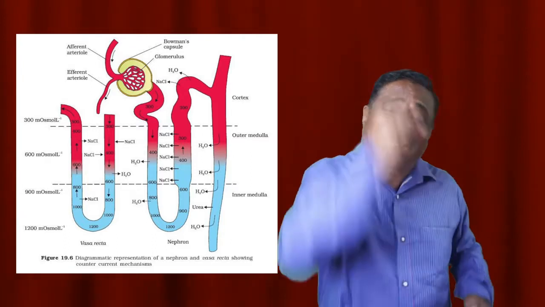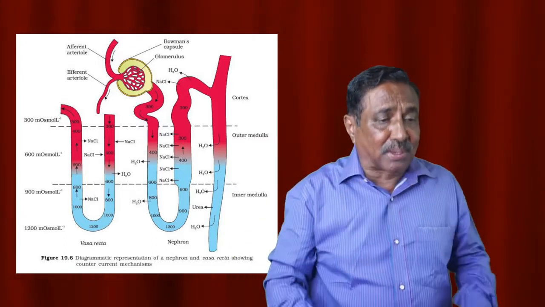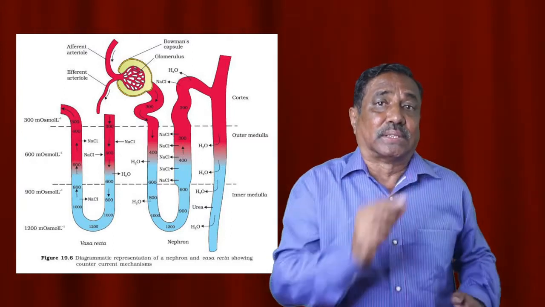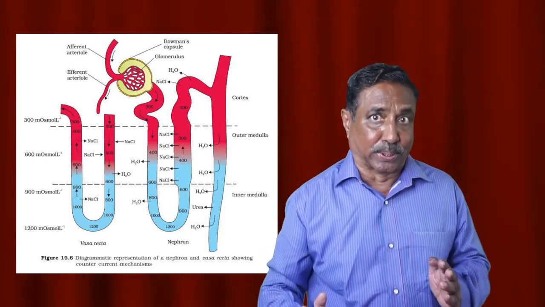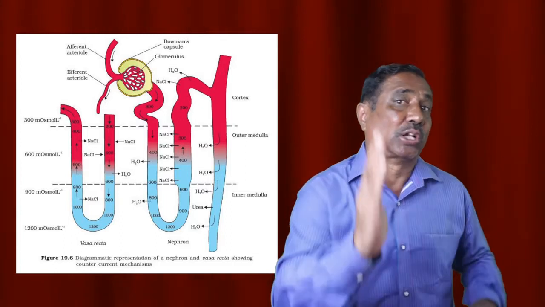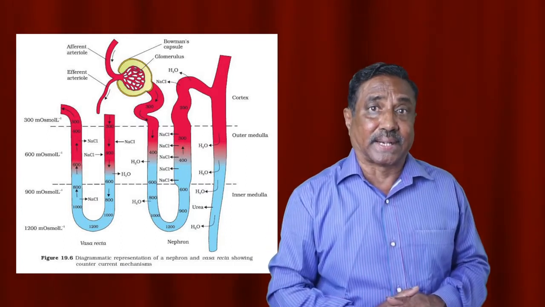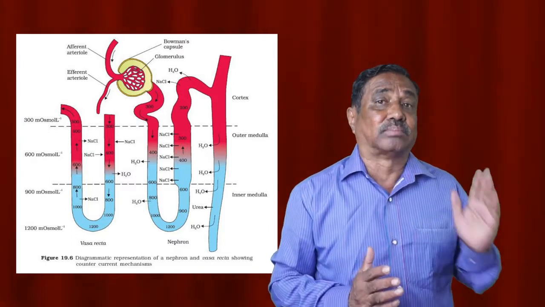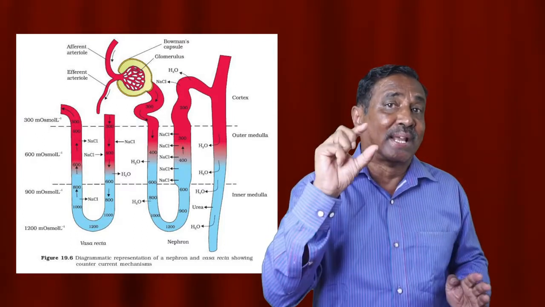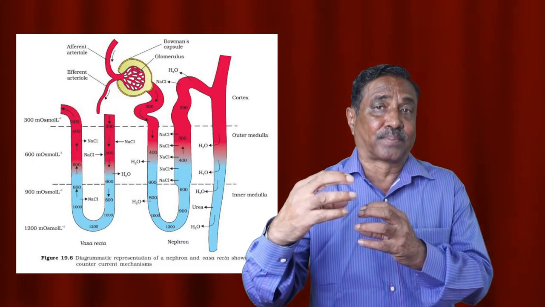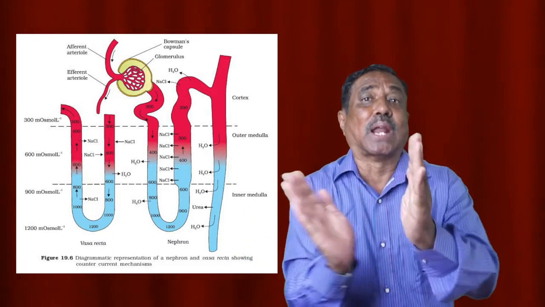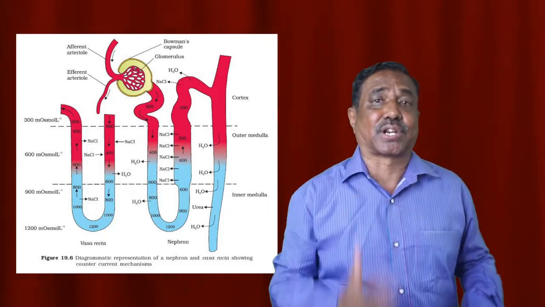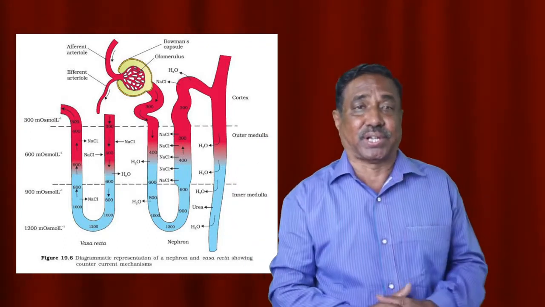Juxtaglomerular apparatus is a sensitive region formed by the cellular modification of the distal convoluted tubule and the afferent arteriole. This is also very important.